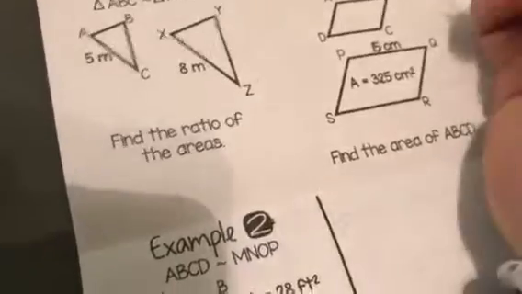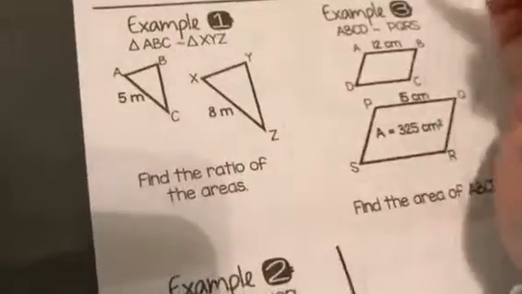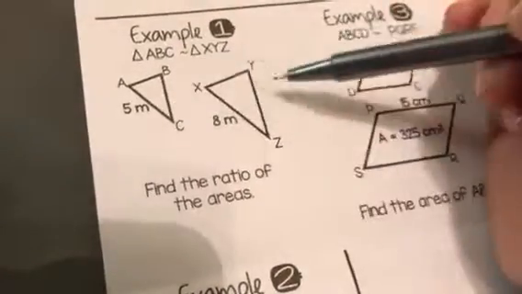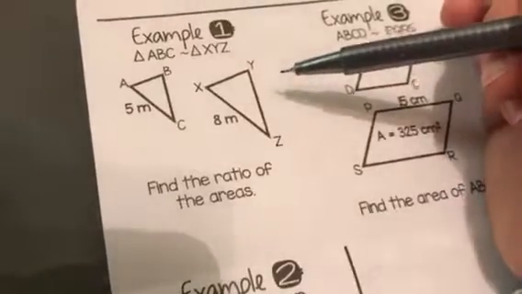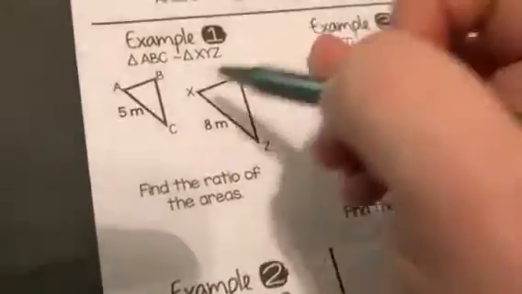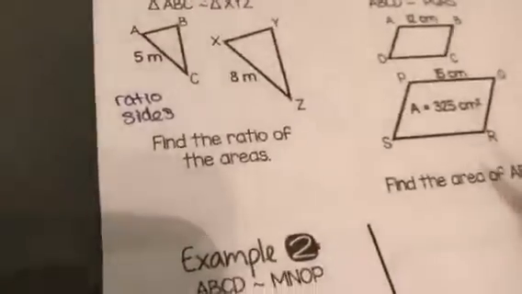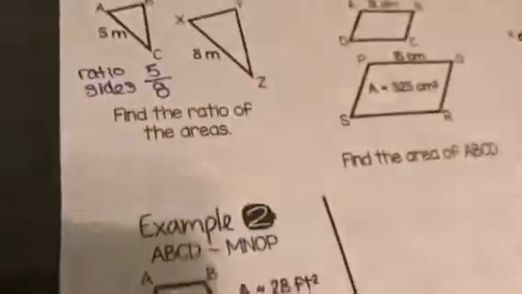Okay, so first the ratio of the sides. So this is the first one, this is the second one. So the ratio of the sides is going to be 5 to 8. So I'm going to go ahead and write that down. So the ratio of the sides is going to be 5 over 8.